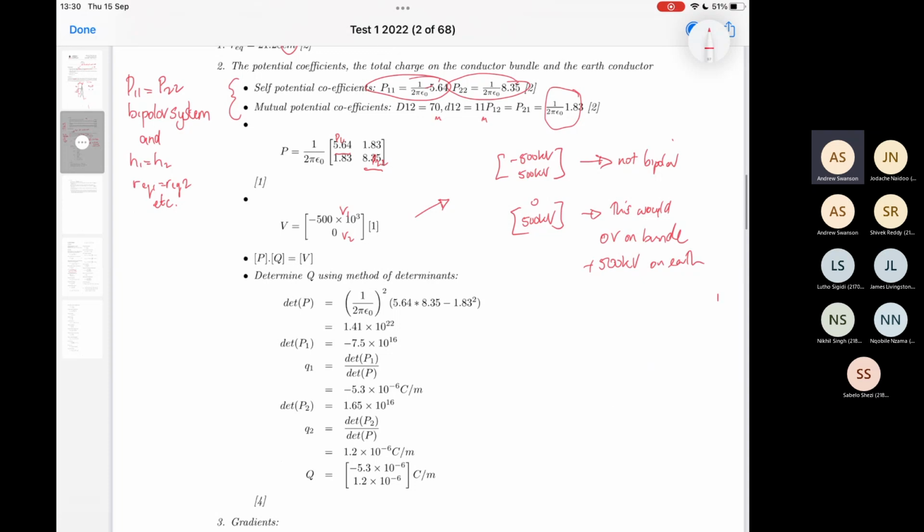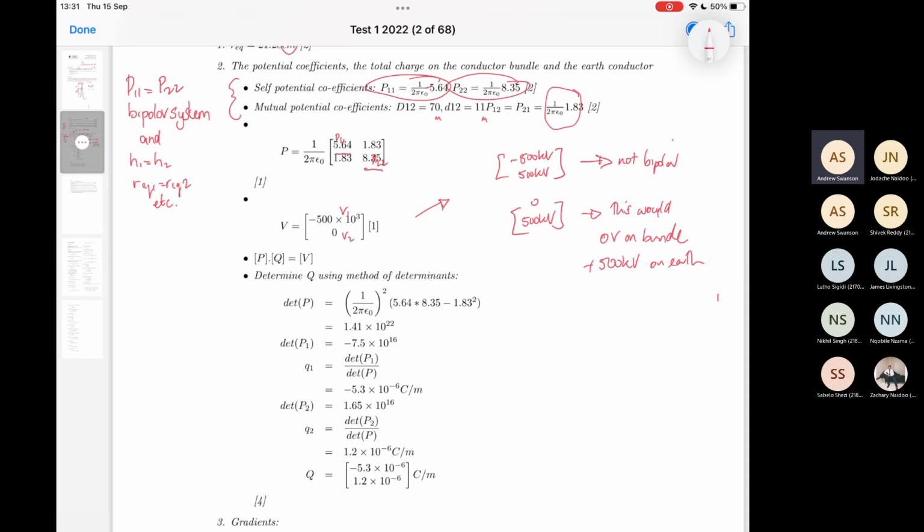Then it's just a matter of the method of determinants to pull it out. You would have noticed I just used 2 conductors, not 3. You've just got to be very careful when multiplying here.